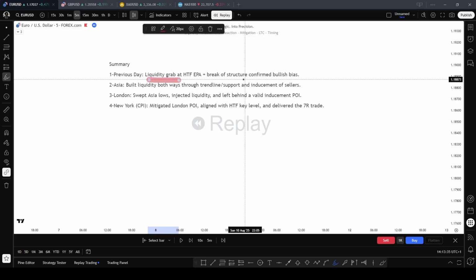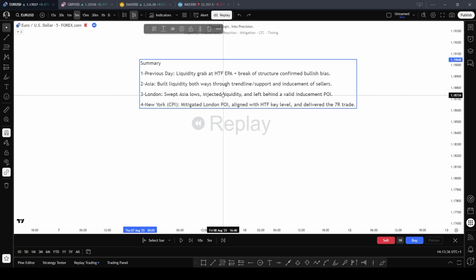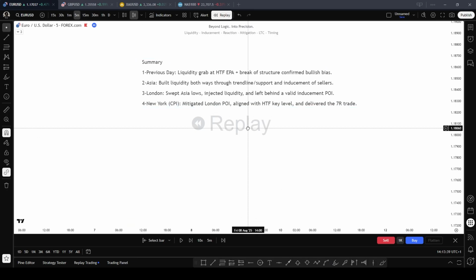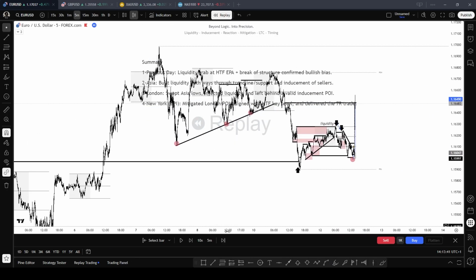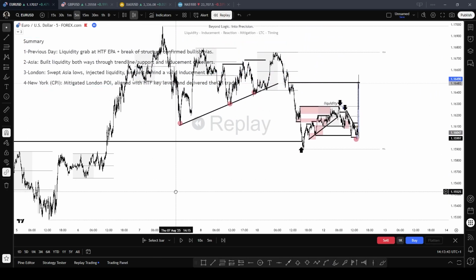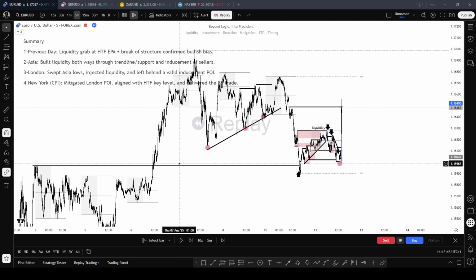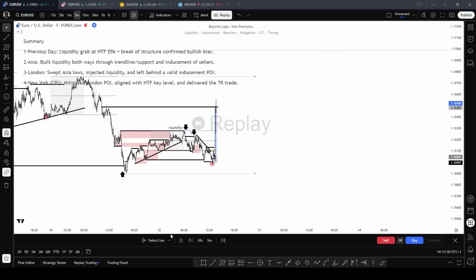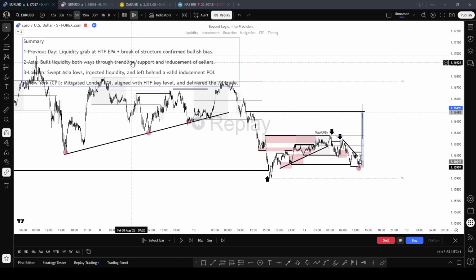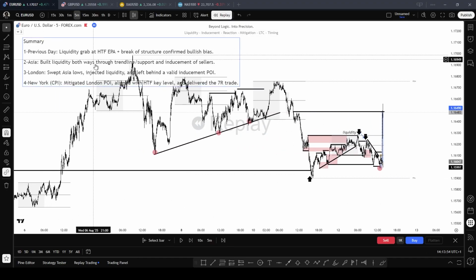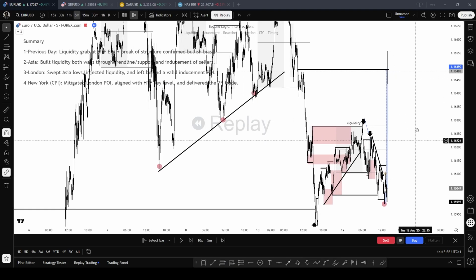A liquidity grab at the high time frame EPA plus break of structure confirmed the bullish buy. So we had that EPA, we had liquidity being induced into that, we had the bullish breakout structure confirming the bullish buy. Second thing we did was we understood the Asia session, what was happening in Asia.